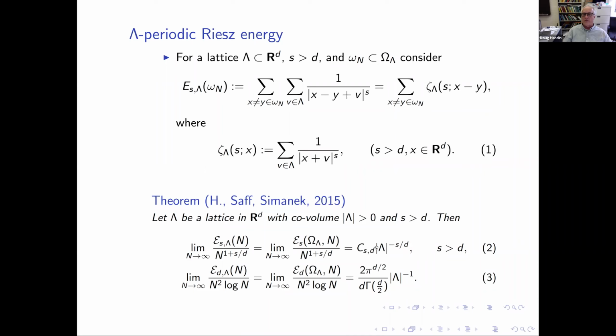In this case, it's the co-volume, in other words, the d-dimensional volume of omega lambda raised to the s minus d. And there's also a result when s equals d. Again, the dominant term is n squared log n.